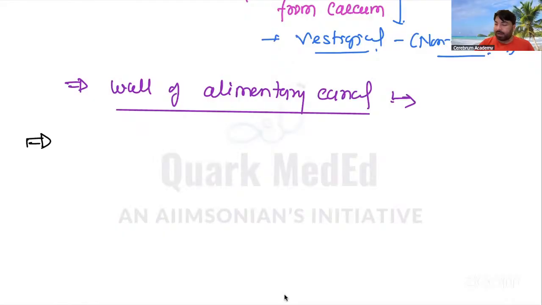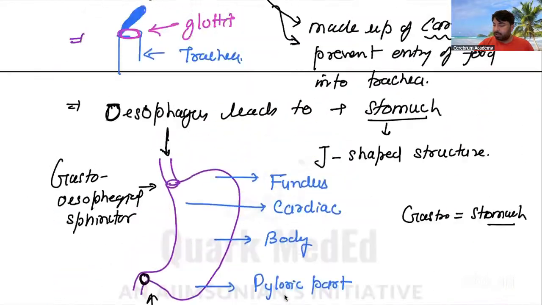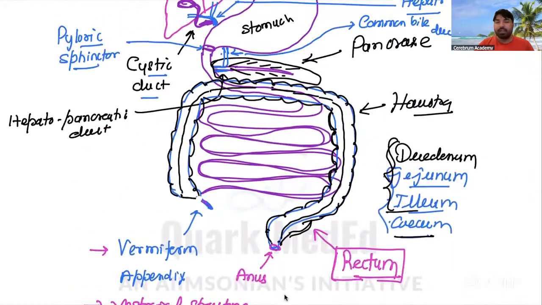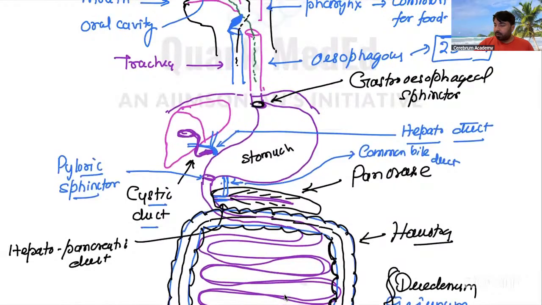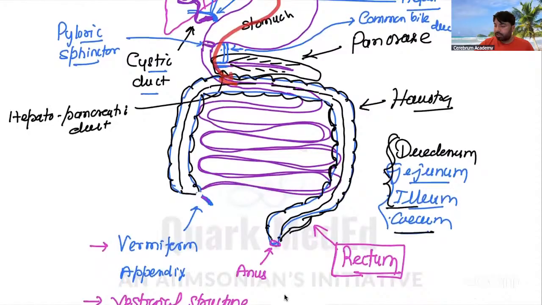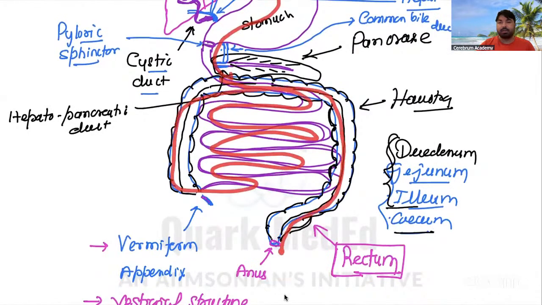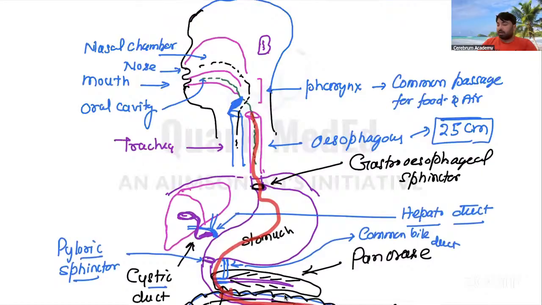So the wall of the alimentary canal, what is it? Let's see here. From here, stomach, small intestine, large intestine, and then anus. So this whole thing is the alimentary canal, starting from mouth to anus.